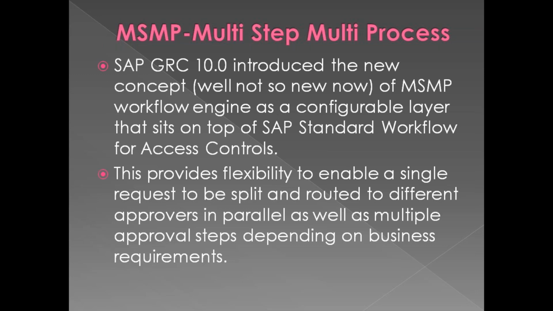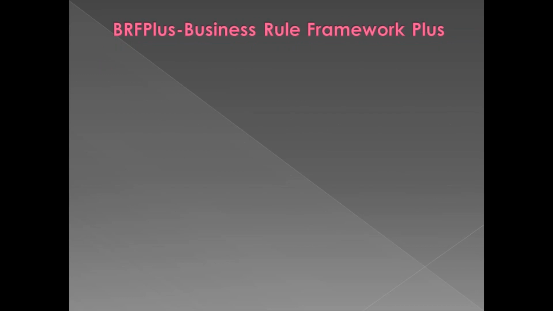Now we come to BRF Plus. What is meant by BRF Plus? It was also introduced in the 10.x series. BRF Plus can support the approval determination for every business process, with different security responsibilities for critical rules and decision tables, allowing the mapping and involving of approvals to the relevant business process.